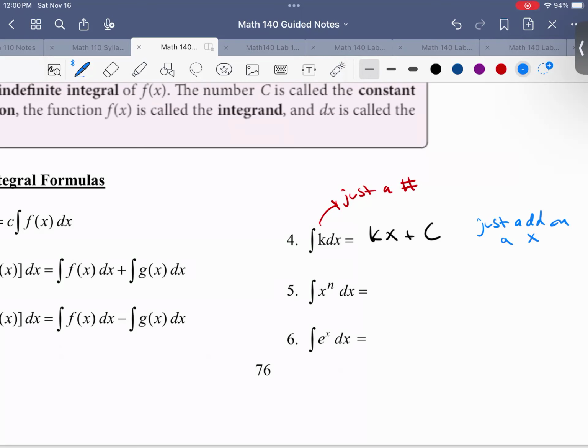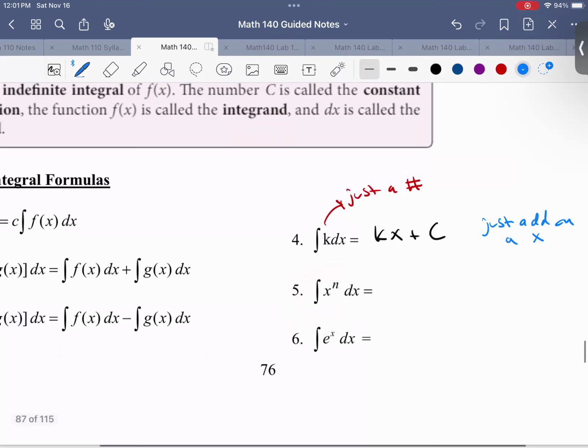Okay, for number 5, we have x to the n dx. So this is just any power. If you raise to any power, it could be x squared, x cubed. And this is the opposite of that power rule when we take a derivative. So when we have the integral of x to the n dx, the integral of this would be x to the n plus 1 over n plus 1.